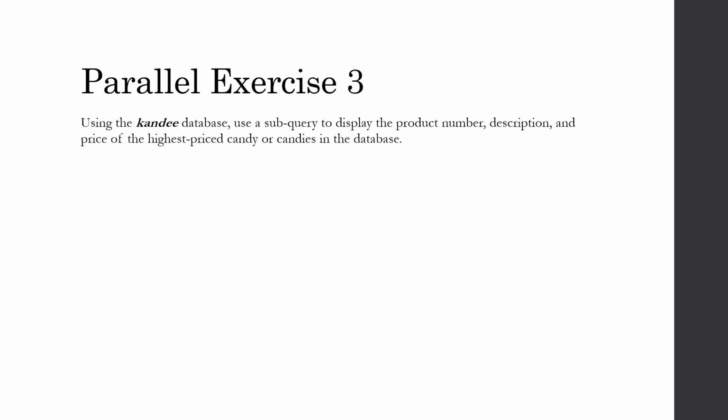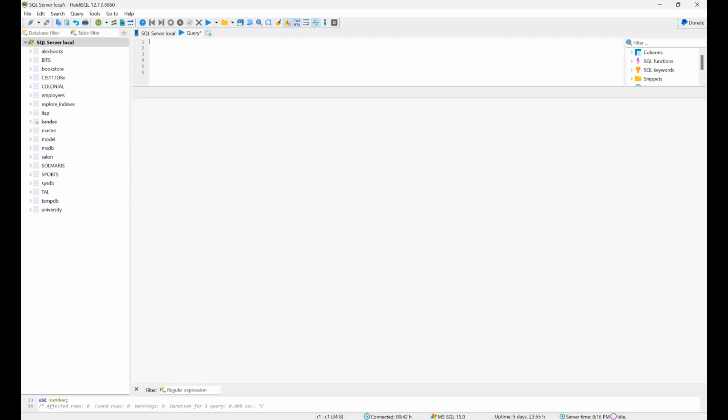Parallel exercise 3. Using the Candy database, use a subquery to display the product number, description, and price of the highest priced candy or candies in the database. An analysis of the problem statement of exercise 3 shows us that once again, we will need to use a subquery and first determine the maximum price from the product table.